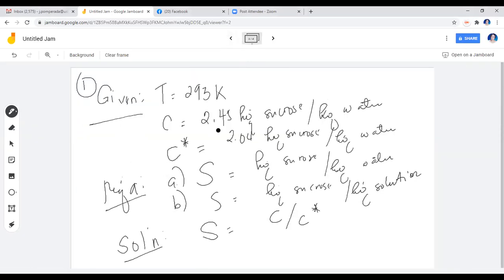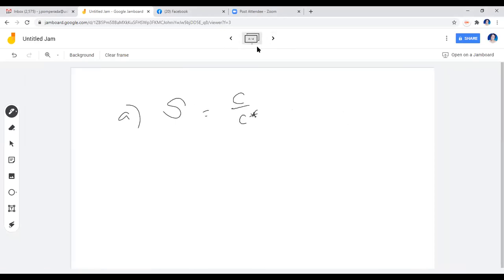If you look at the concentration units, they are in kilogram sucrose per kilogram water. So you determine the supersaturation ratio based on these original units. In letter B, there's a change. For A, we will simply have a case of simple substitution. That would be 2.45 over 2.04.